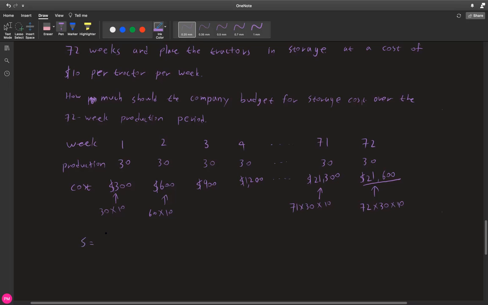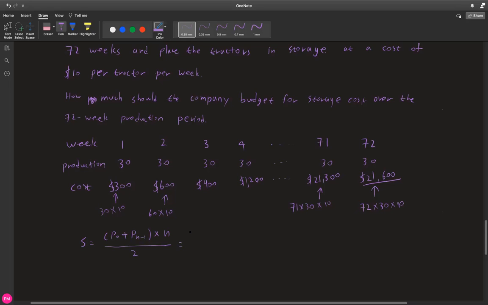The sum is the first term plus the last term, multiplied by the number of terms, and you're dividing it by 2. In this problem, the first term is 300.